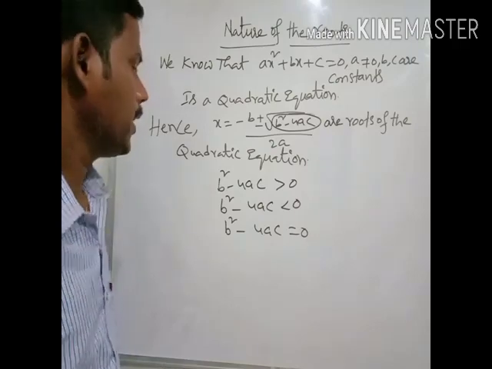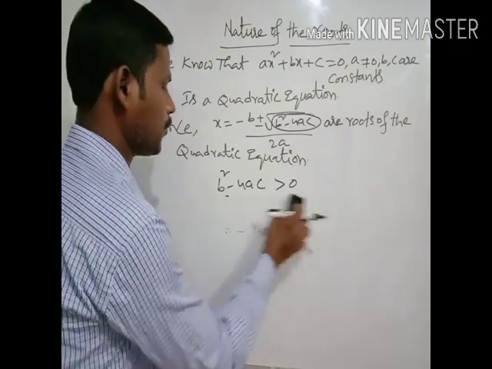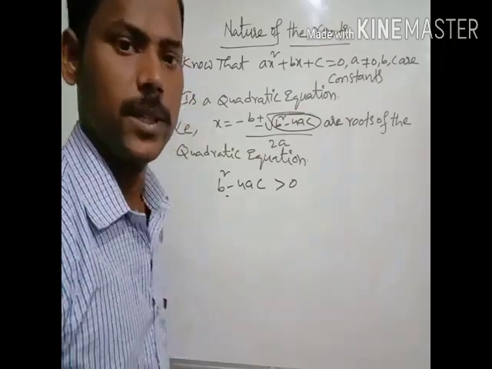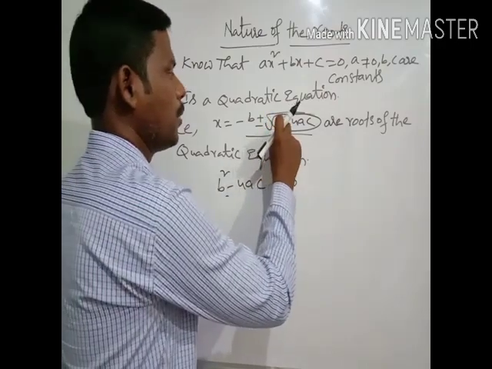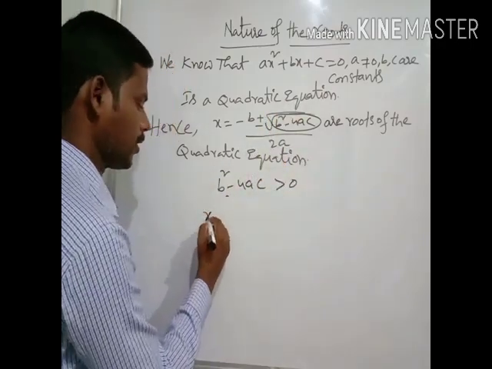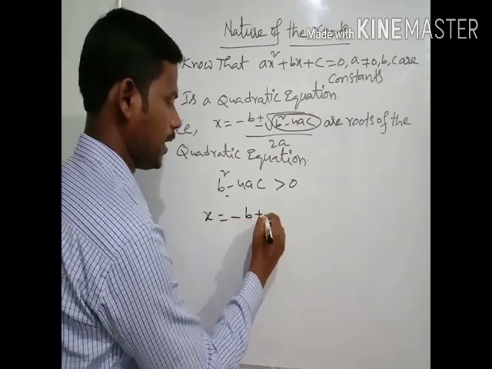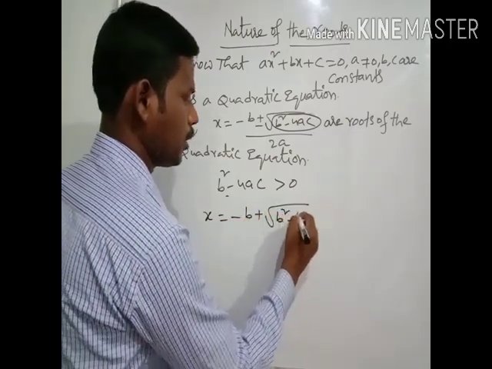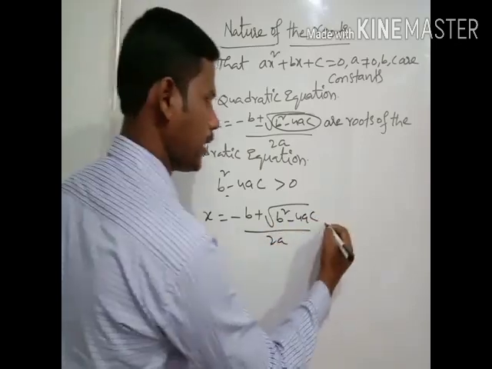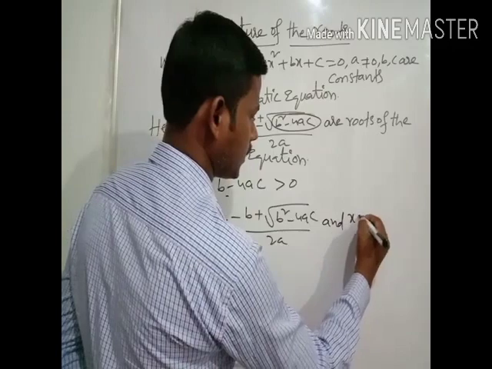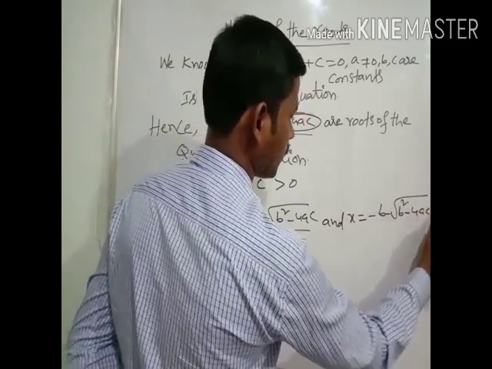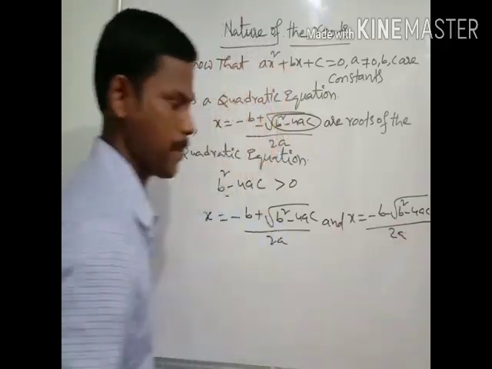Okay children. If b² − 4ac is greater than 0, then what happened? See children, the value of b² − 4ac is greater than 0. Then what did you get? x = (−b + √(b² − 4ac)) / 2a and x = (−b − √(b² − 4ac)) / 2a.